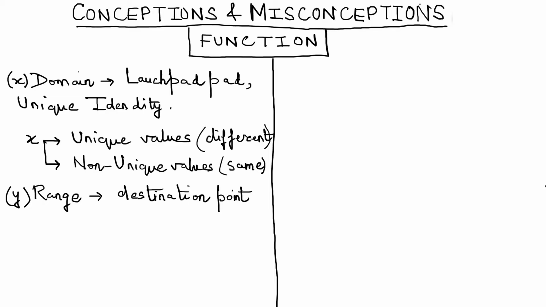So it is nothing but the destination point. Okay. So analogously, we can say that when we are talking about y, we can get unique values for y, or we may get non-unique values for y.